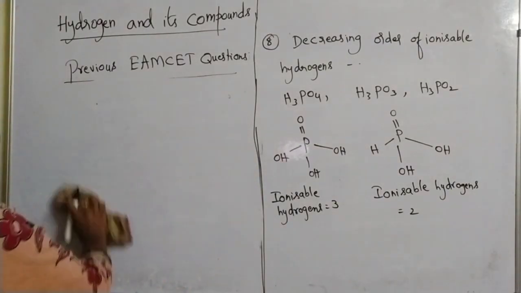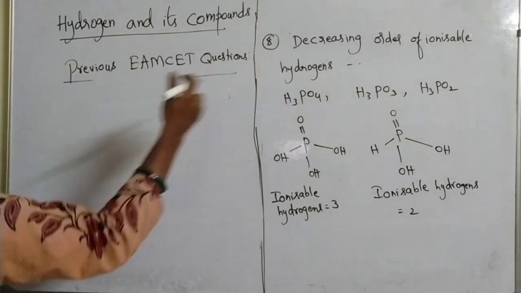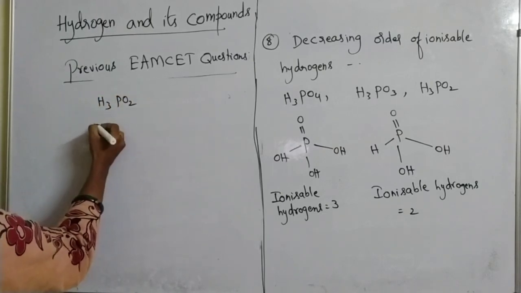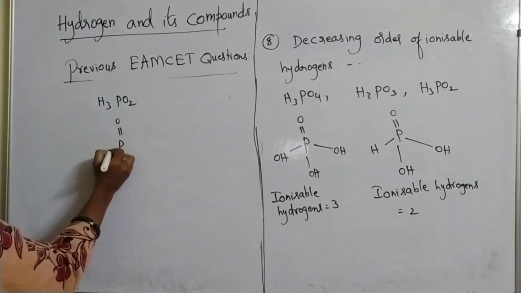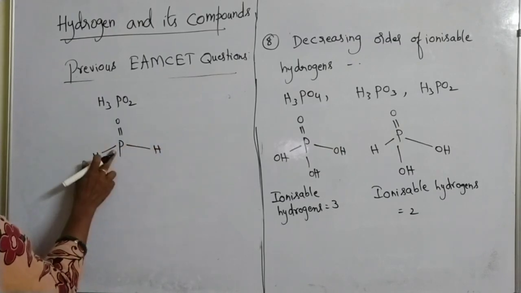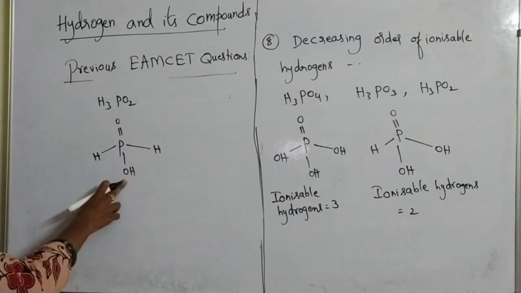What is the third structure given to you? H3PO2. See, it has a structure like this: P double bond O, 2 hydrogens directly connected to the central atom phosphorus, and 1 hydrogen connected to oxygen.